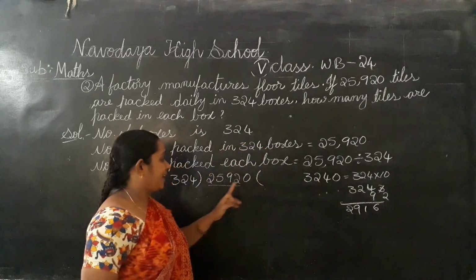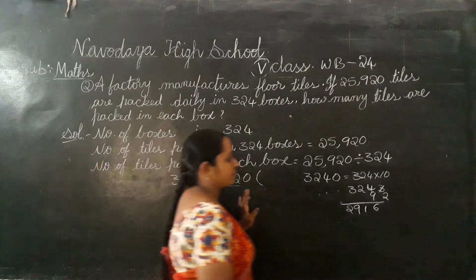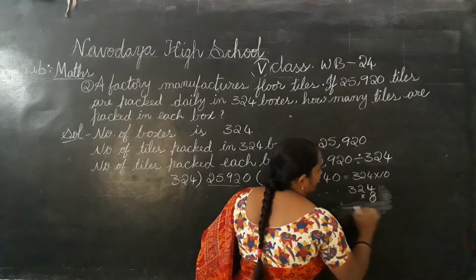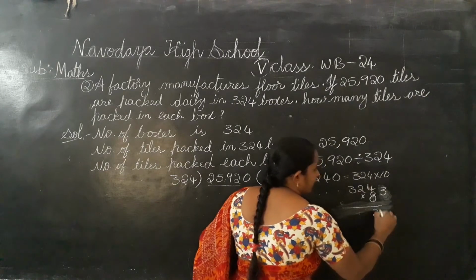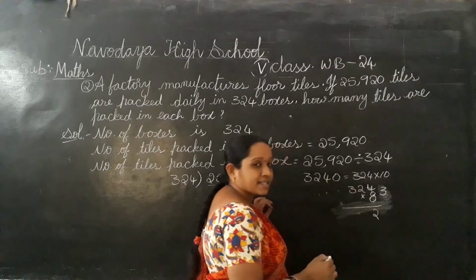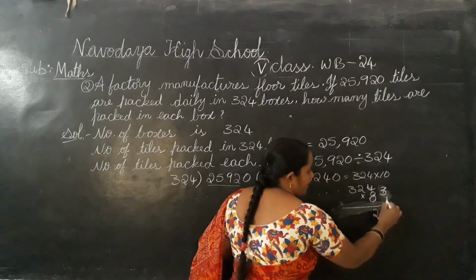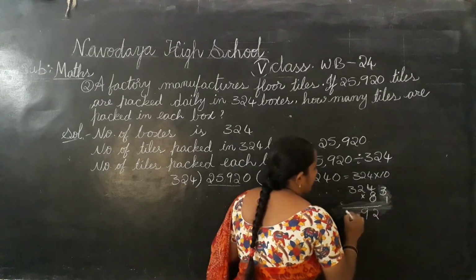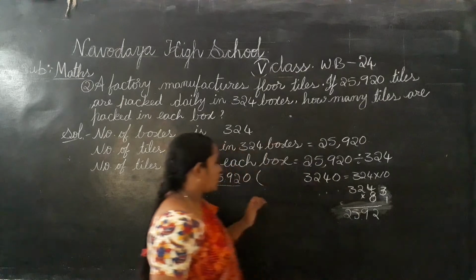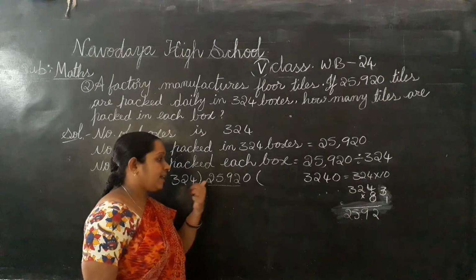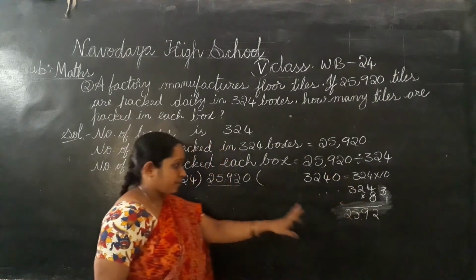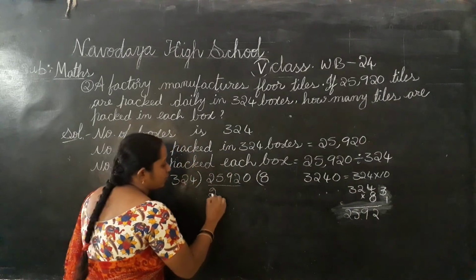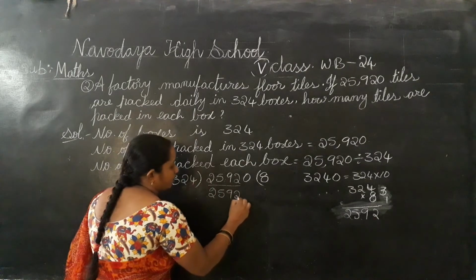So 2,916, which is more. Next multiply with 8. 8 fours are 32. 8 twos are 16, 16 plus 3, 19. 8 threes are 24, 24 plus 1, 25. So 324 exactly divides 8 times, children. 324 into 8 how much? 2,592.